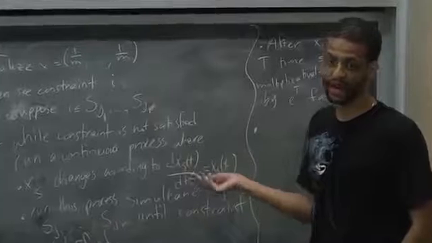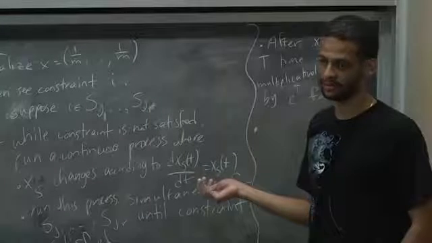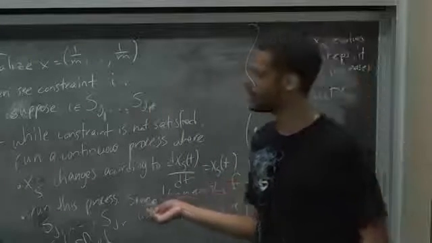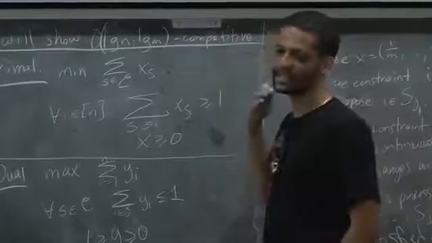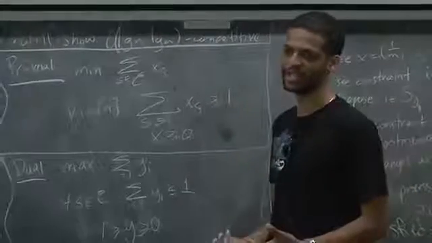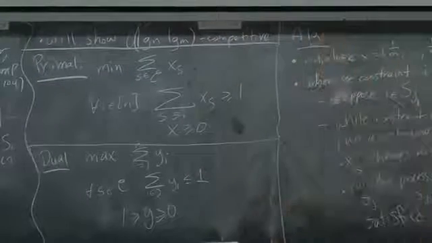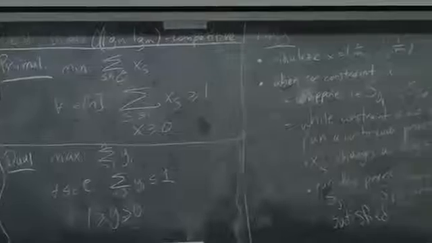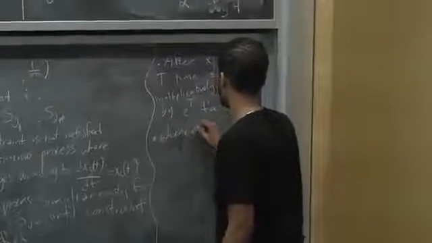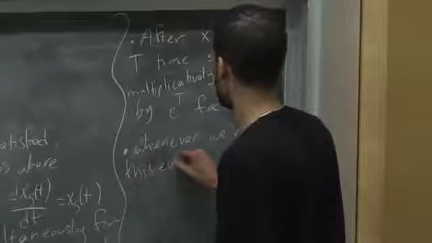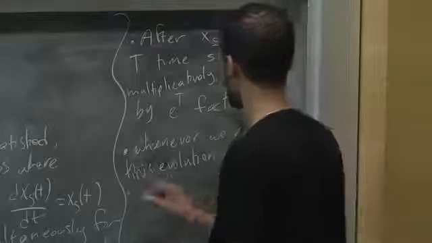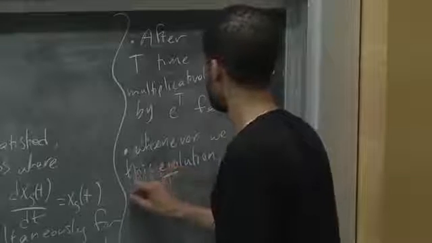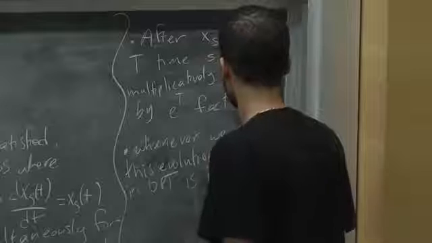One of those has to be in opt's solution, right? So every time we run this continuous time process, we're evolving someone who's in opt. Whenever we run this evolution, some set in opt is increasing.